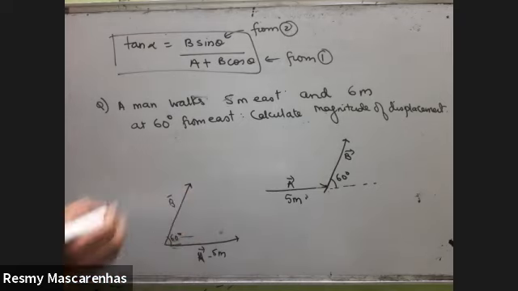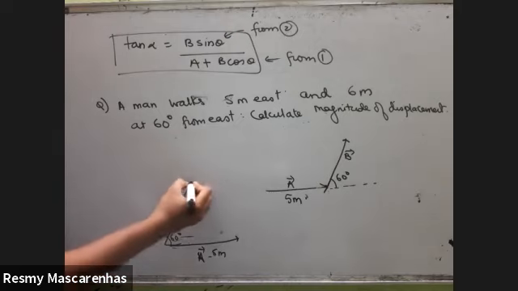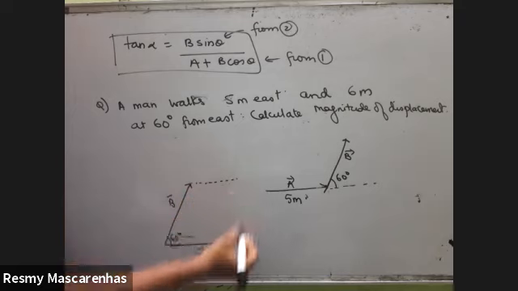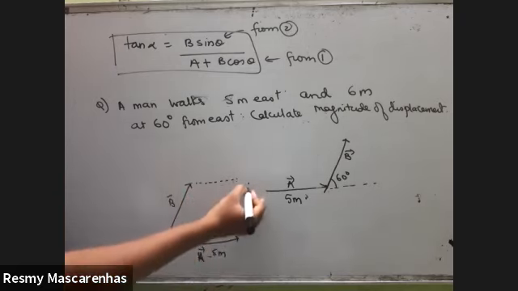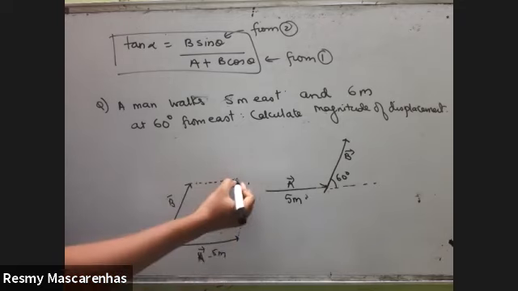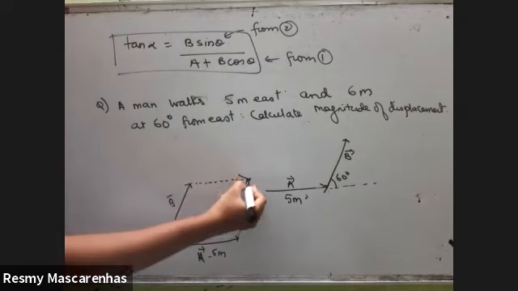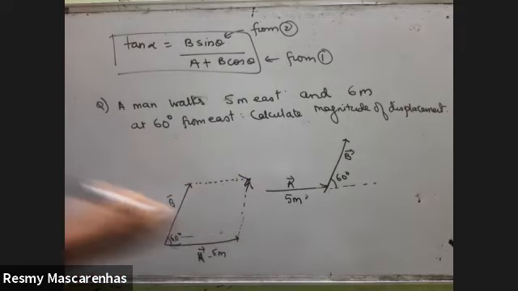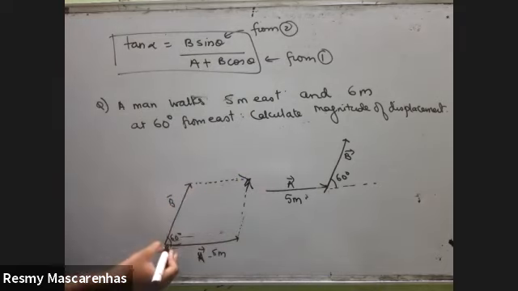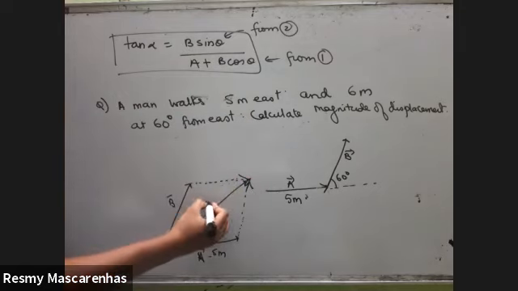This is my B. So now tail and tail are the adjacent sides of a parallelogram. Now step number 2, complete the parallelogram with the imaginary line. You have to draw a line parallel to B and a line parallel to A. Wherever they meet, put the arrow like this. So this is your resultant.